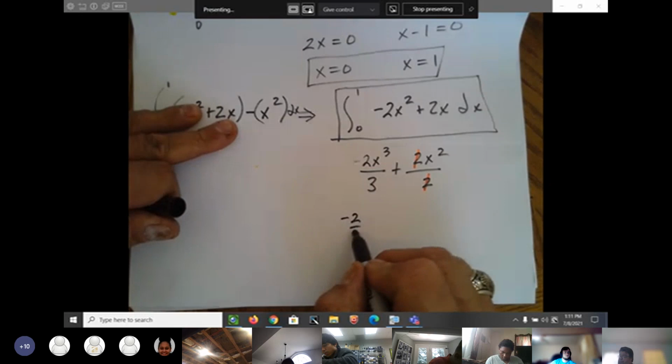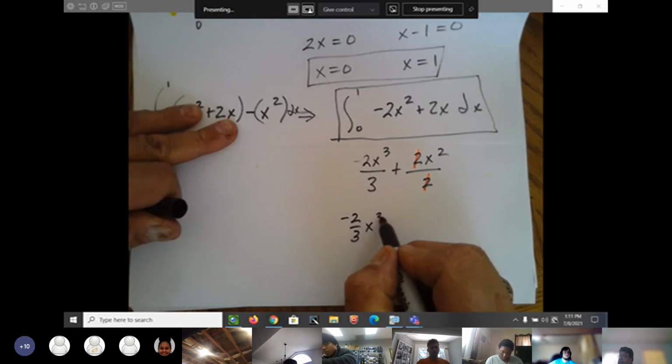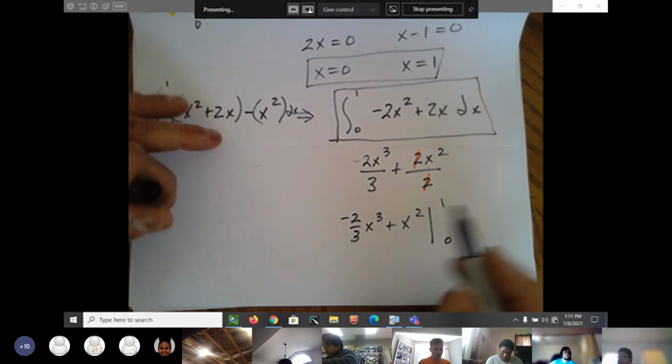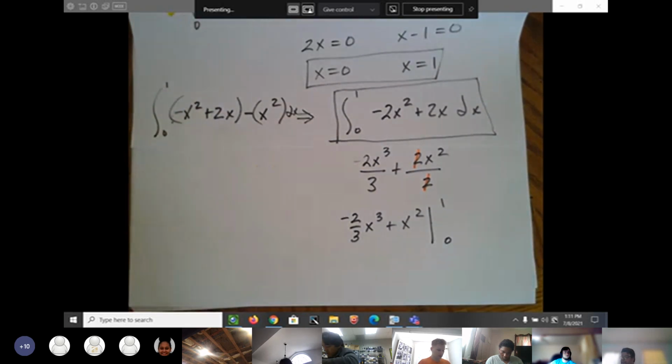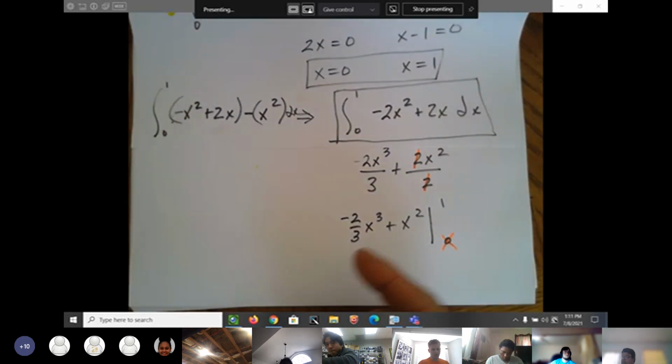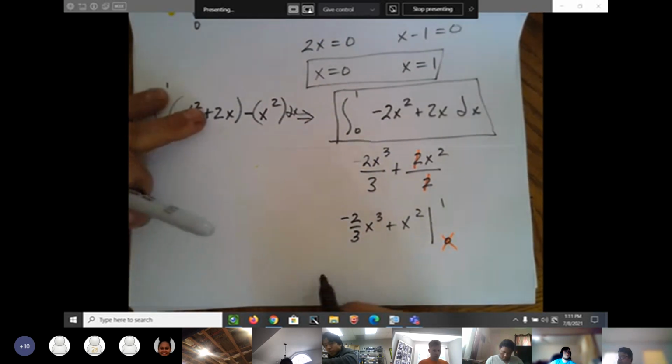So negative 2/3 x cubed plus x squared, evaluated at 0 and 1. 0 takes itself out, so all we have to do is plug in 1.